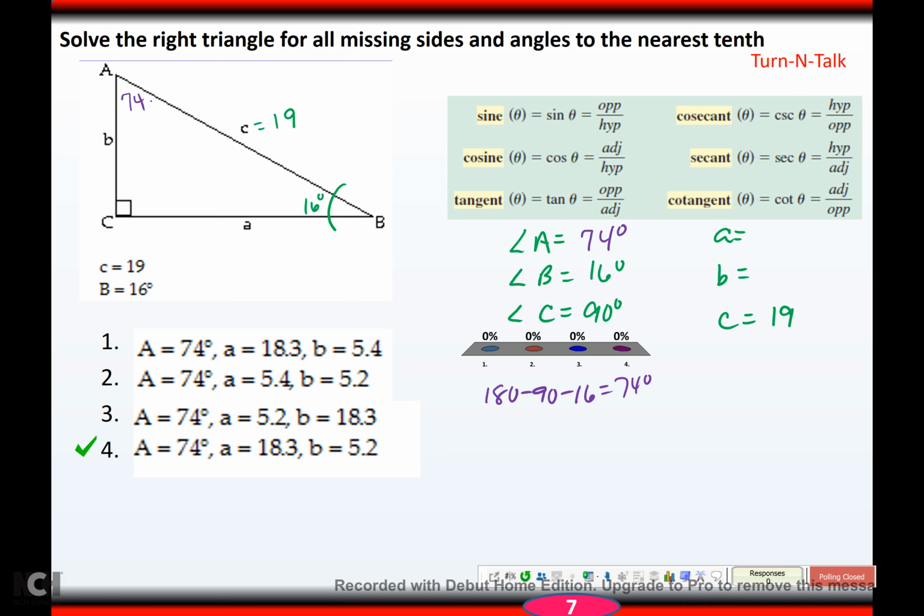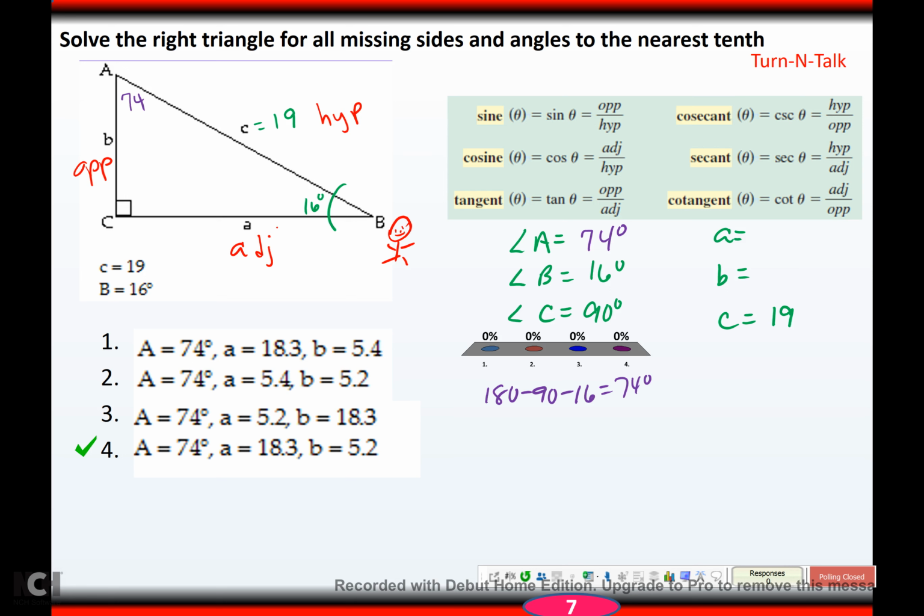Depending on where you want to stand, you could go up and stand at the 74 degrees and then use that. Me personally, I'm going to stand at the angle that they gave me, because then I'm not relying on my calculations. If I stand there, and I'm looking for B, that would be opposite of me. This is hypotenuse, and this is adjacent.